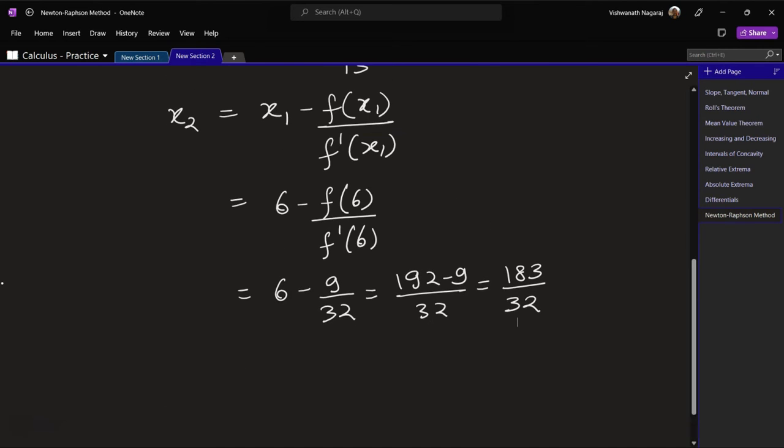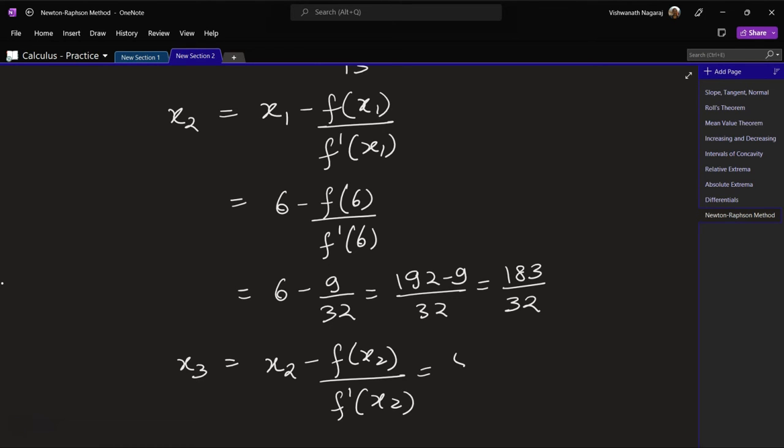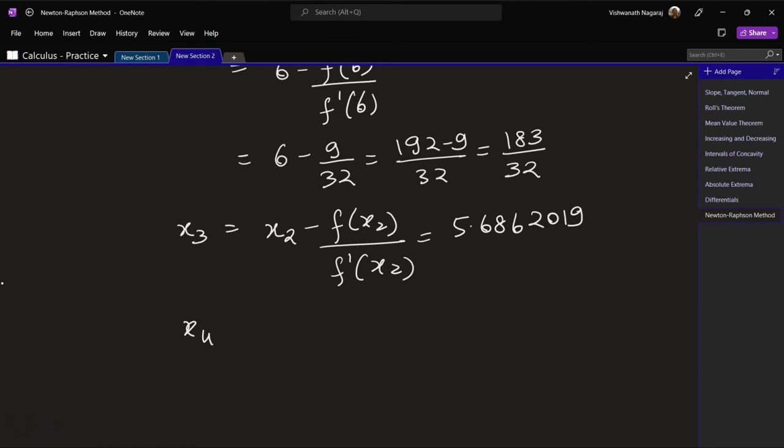And if we do this again, it will be x2 minus f of x2 by f prime of x2. This will give us 5.6862019. And if we take one more iteration, this will be x3 minus f of x3 by f prime of x3.